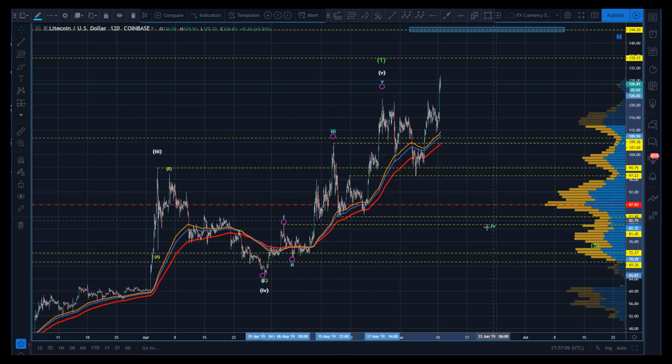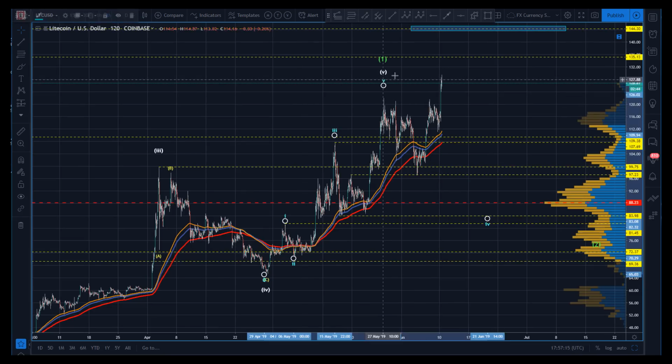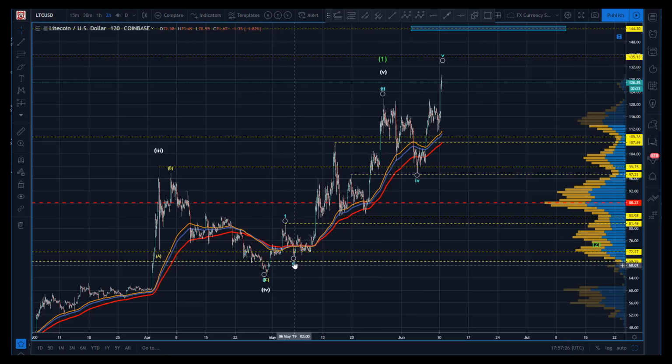Okay, so if we're looking here, note we've got a clear impulse here. So pretty straightforward, what we've got to do is start moving some pivots around. So this likely now becomes our 3. This becomes our 4. The 1, 2 doesn't change. Right now I have a lot of things wicked off here, so I'm going to pull some of this off just to clarify the chart a little bit.